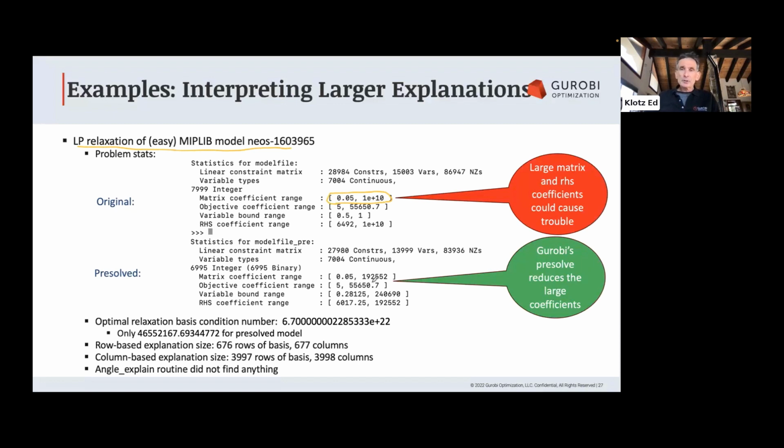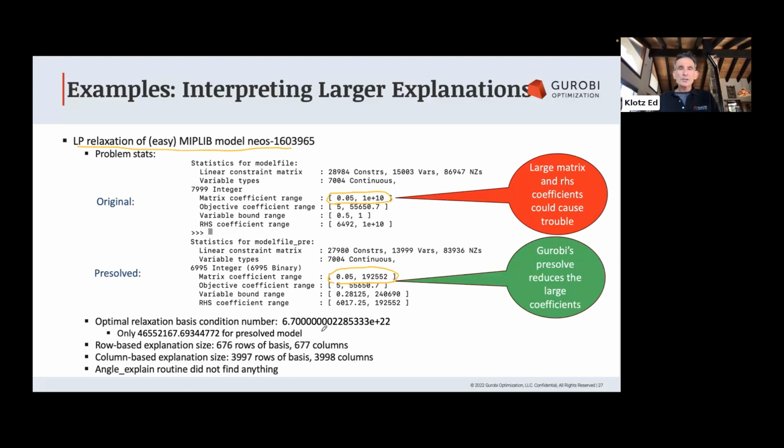Interestingly enough, though, Gurobi's pre-solve model doesn't have this problem. This isn't surprising, because Gurobi's pre-solve is very good at reducing big M coefficients that are unnecessarily large, but it doesn't always succeed. That's why it's useful to think about that yourself.